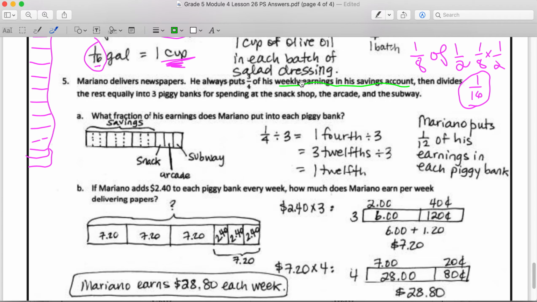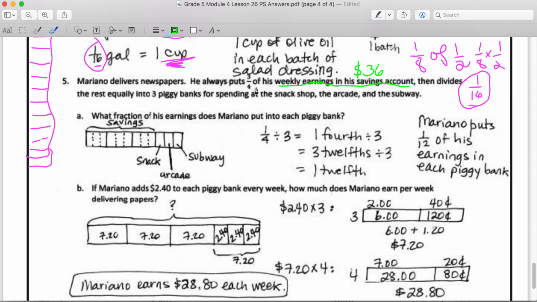So for instance, let's say that he got, I'll make it easy, $36. So if he got $36, how much of that does he put in a savings account? Well, 36 divided by 4 is what? 9.